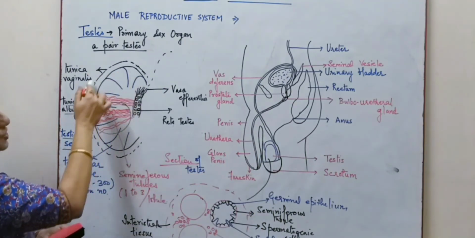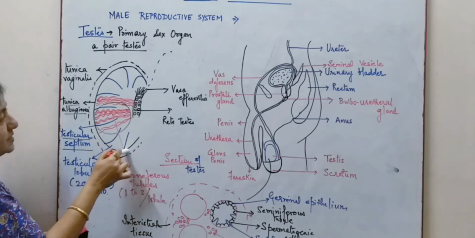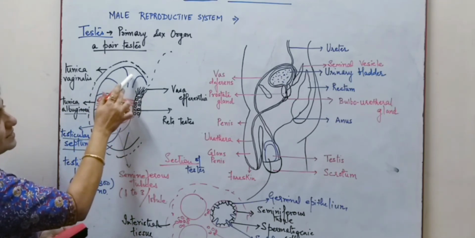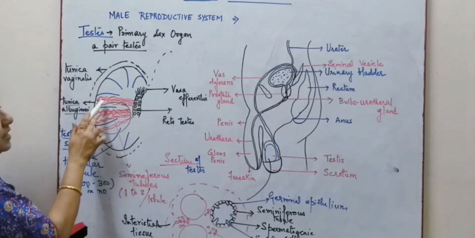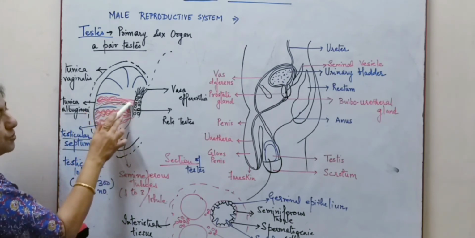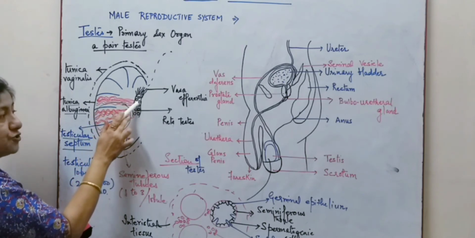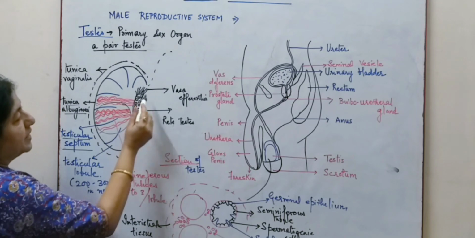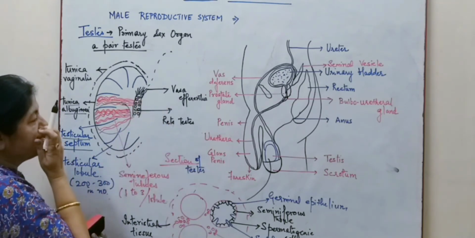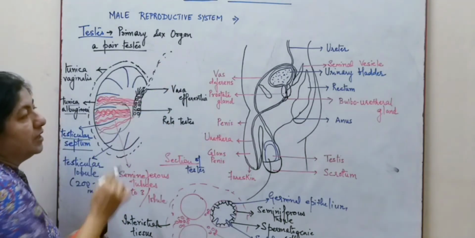This is the internal structure of the testis, in which we can clearly see the lobules formed by tunica albuginea, and also the seminiferous tubules which lead to the rete testis, and this rete testis finally opens into the vasa efferentia, which will go to the epididymis.